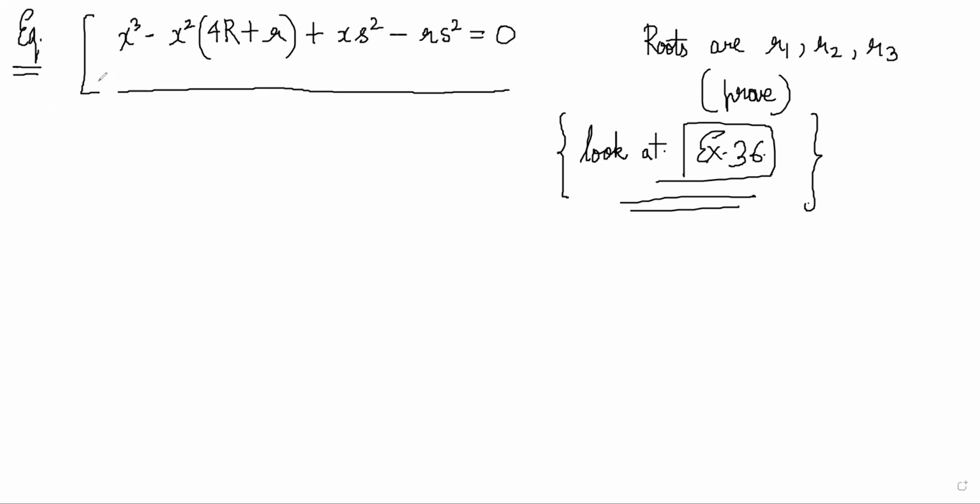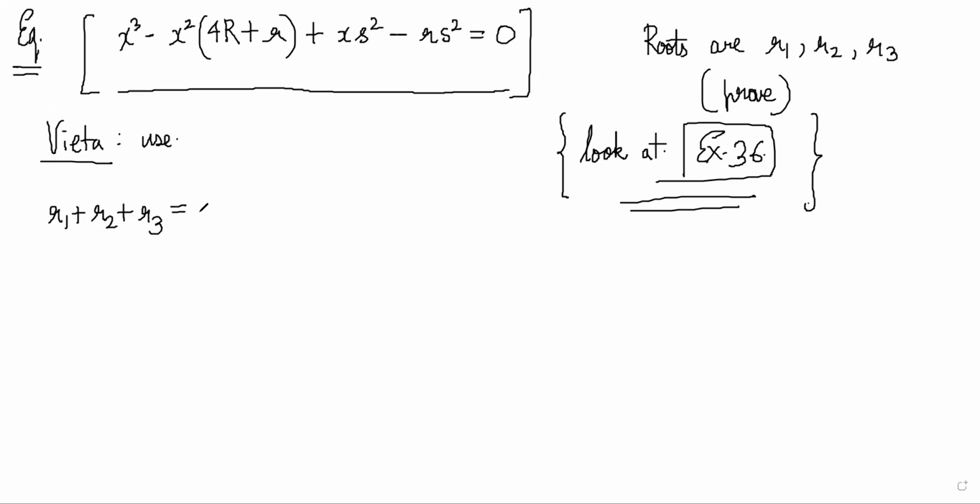We use Vieta's relations, like sum and product. So if the roots are R1, R2, R3, then the sum of the roots R1 plus R2 plus R3 is equal to 4 capital R plus small r. And we know that R1 plus R2 plus R3 minus small r is equal to 4 capital R.